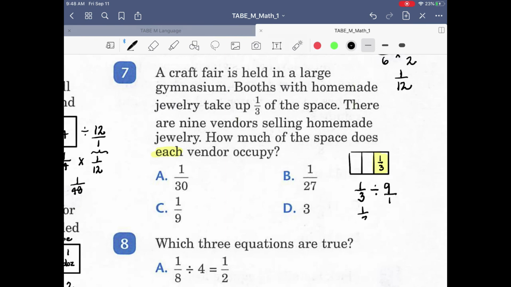So 1/3 times 1/9 is 1/27. So each person selling jewelry gets 1/27th of the gymnasium. If you took that gym and you divided it into 27 parts at the beginning, each jewelry vendor would get one of those 27 parts.